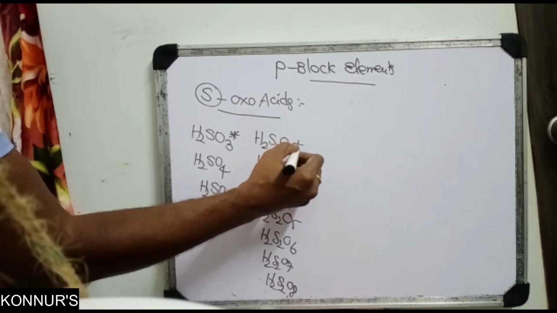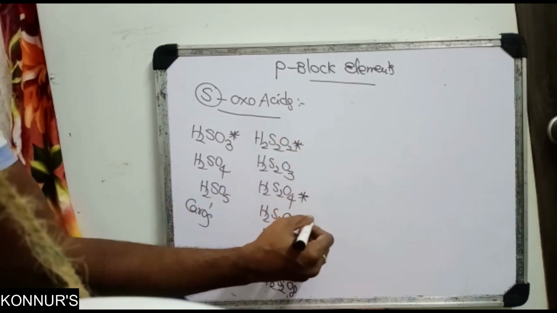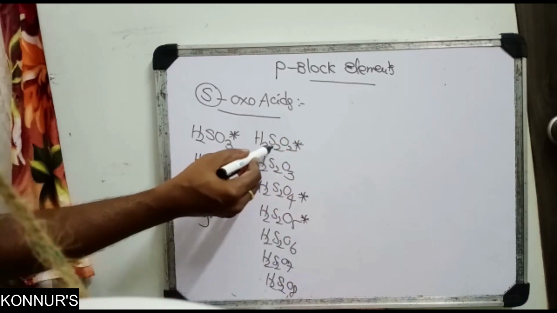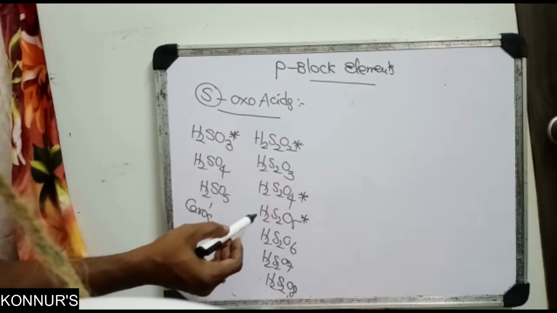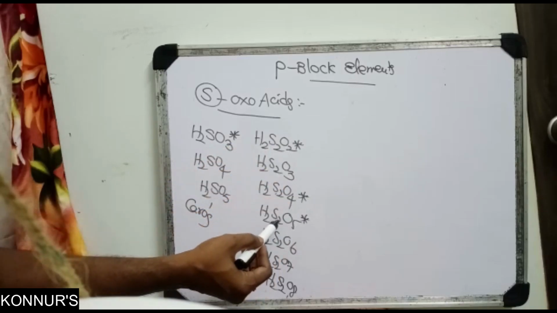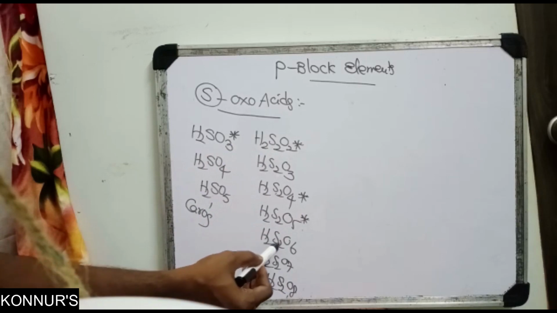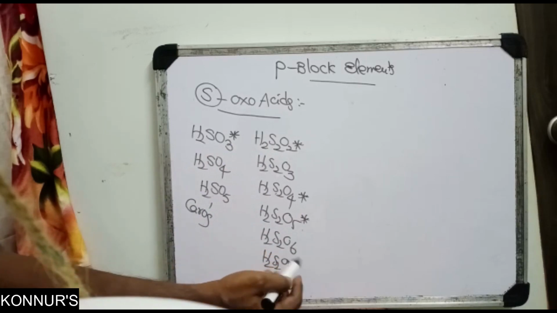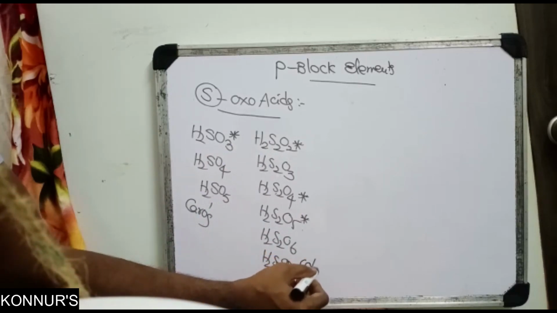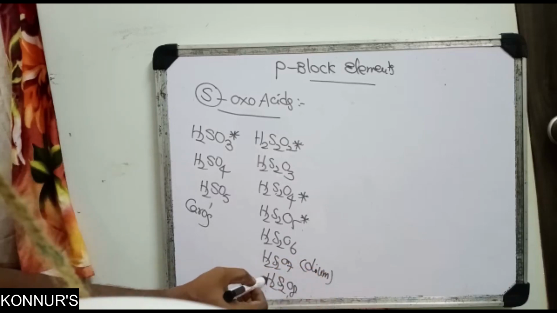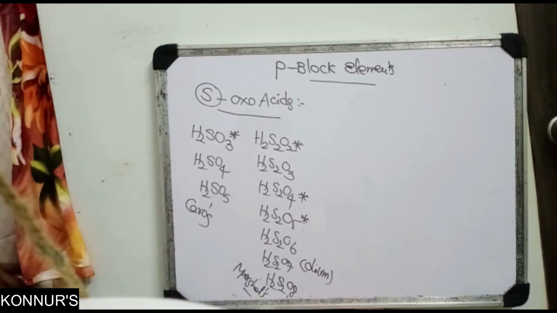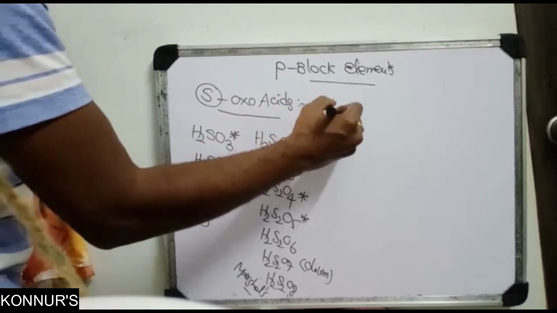In the last class also we saw all those things. So these are thiosulfurous, thiosulfuric, dithiosulfurous, pyrosulfurous. Next, dithiosulfuric, pyrosulfuric. The famous name is oleum. Next, peroxydisulfuric acid, you call it Marshall's acid. Already in the last class we discussed all those things. Now we see the structures.